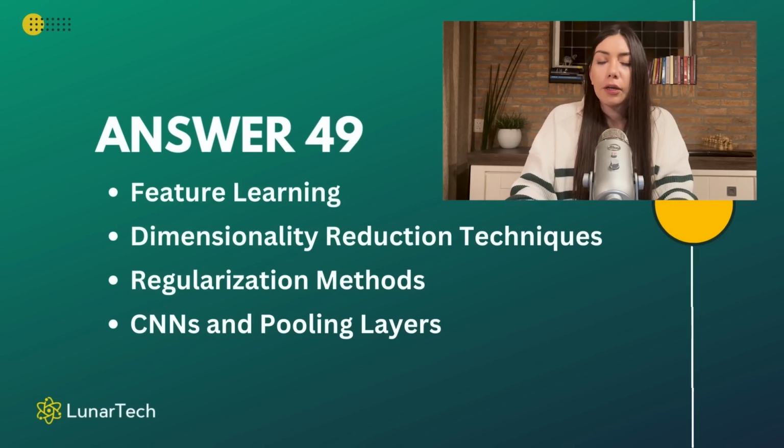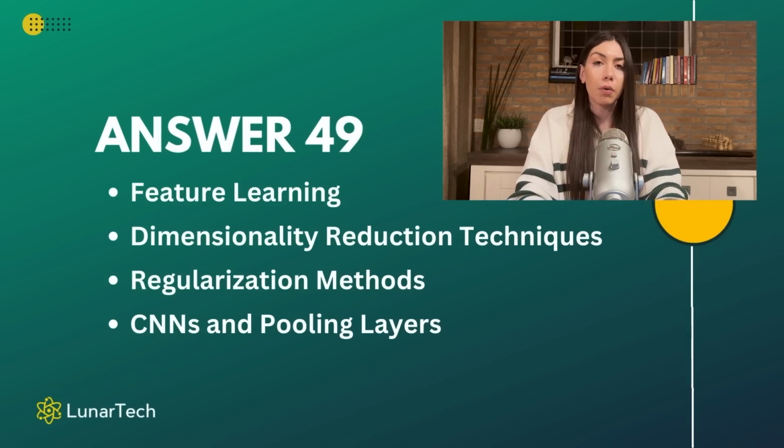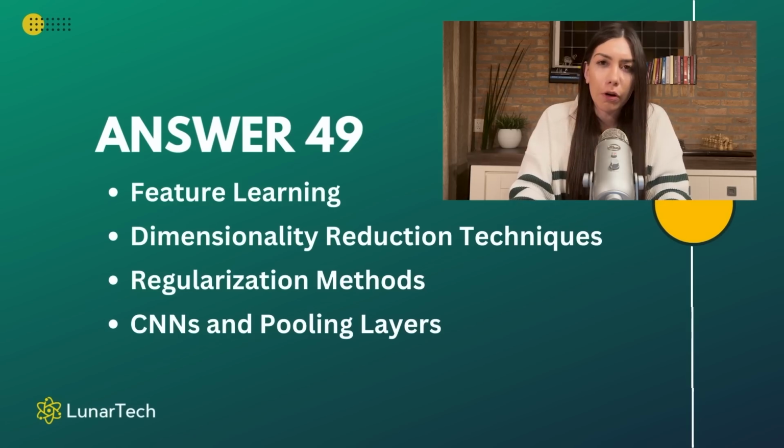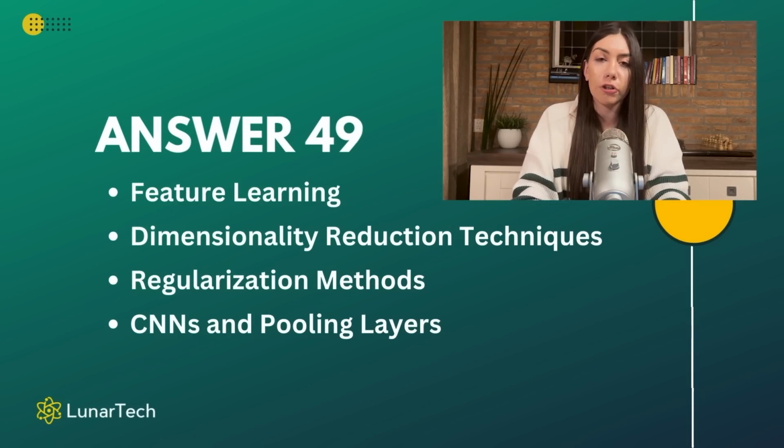Now, another way that it does this is by using regularization methods. And I briefly spoke about this just before, for instance, using L1 regularization. Because L1 regularization introduces sparsity by reducing the dimension of the features.